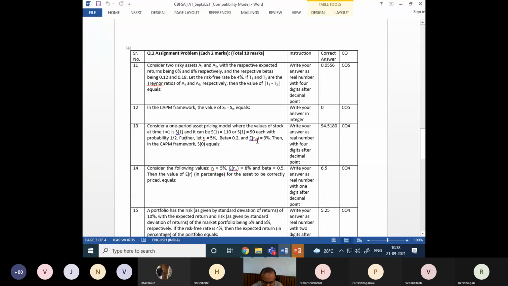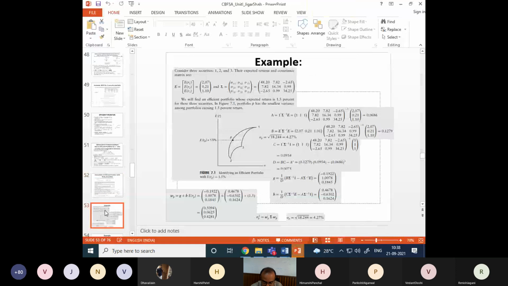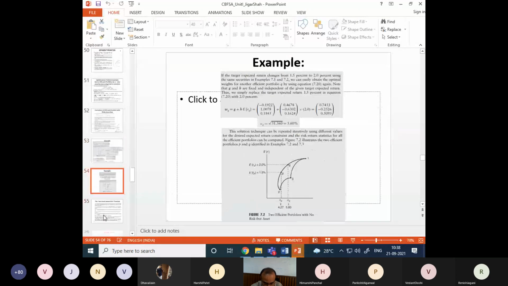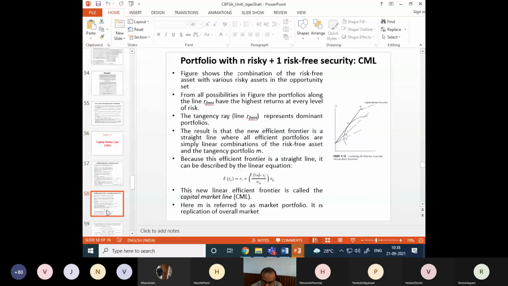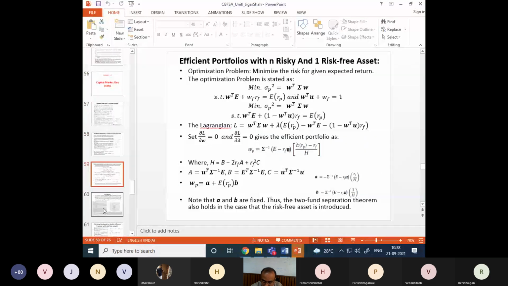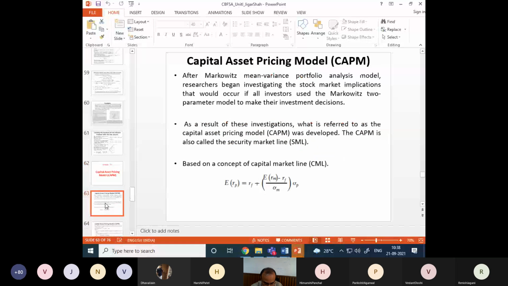Now other data are given, so we have to use the CAPM framework. Which equation do you use? Let me open my CAPM framework slide. This is the capital market line and CAPM. Yes, this is the CAPM framework.